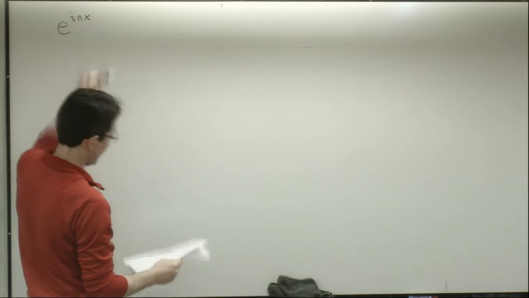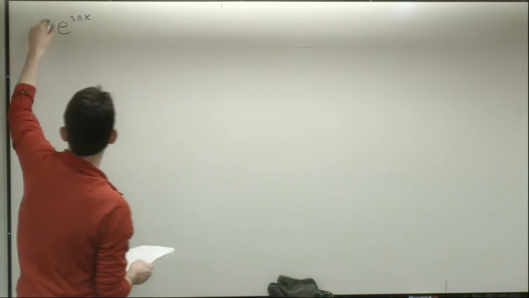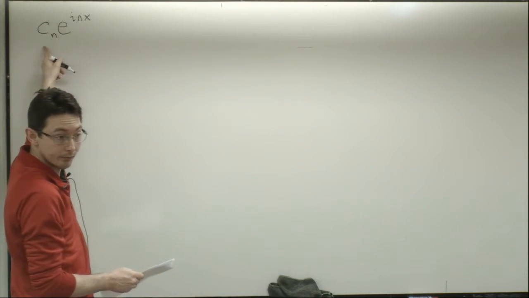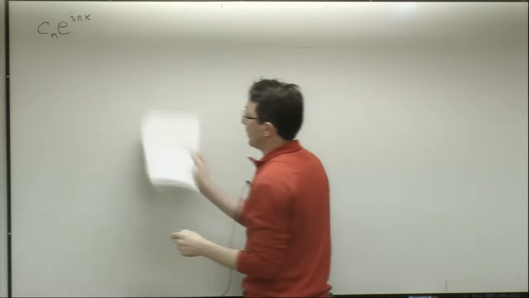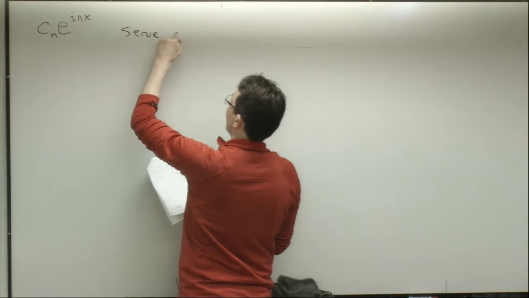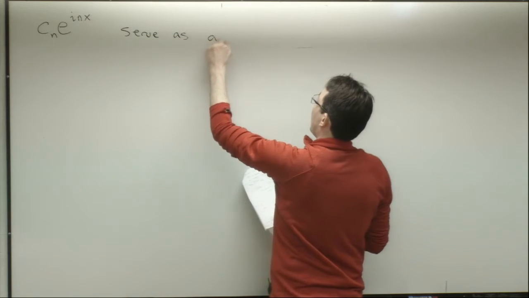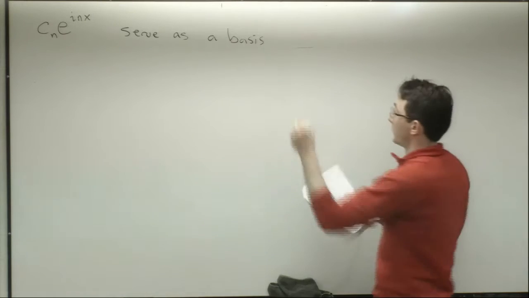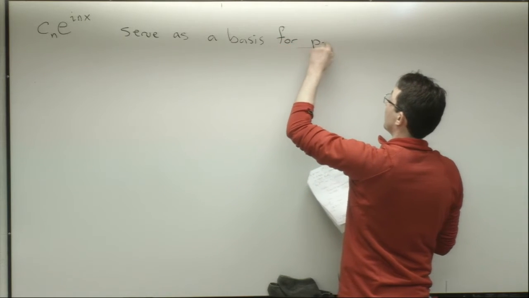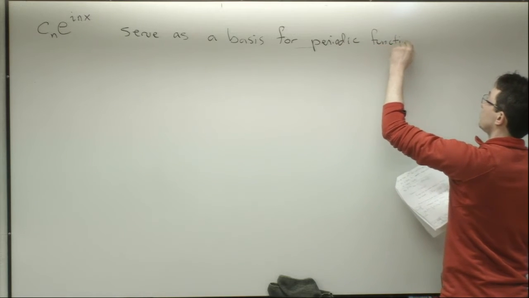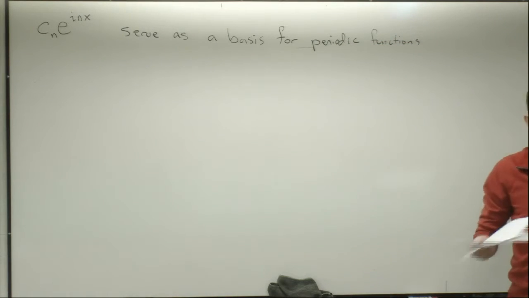And I might have some coefficient out here, and this could be a complex coefficient. Okay, so these are going to serve as a basis for periodic functions on the interval 0 to 2 pi.